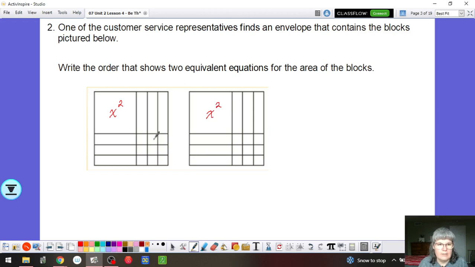We have rectangles that we know will each be x, also from our previous lesson. And we have the unit squares that help give us a complete square.